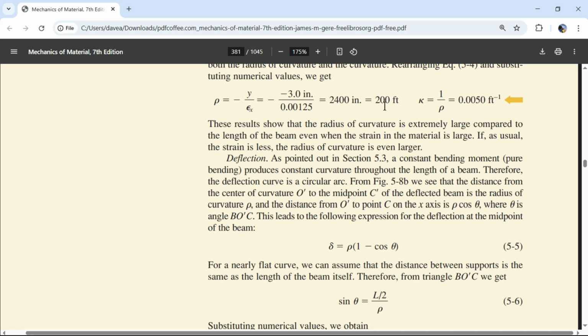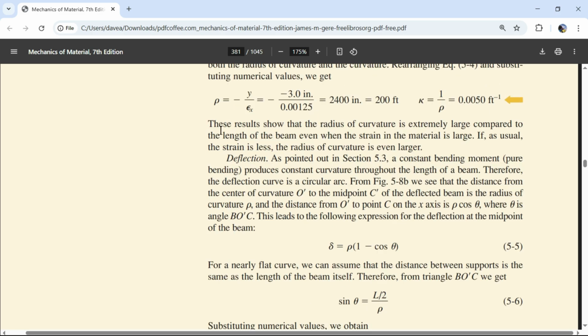To get the radius of curvature, it would be 1 divided by rho, so 1 divided by 2,400. But they just do 1 divided by 200, and so they get 0.005 feet to the negative 1 feet.